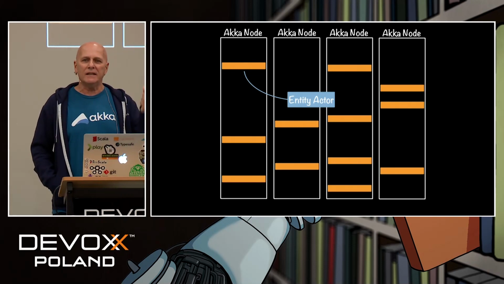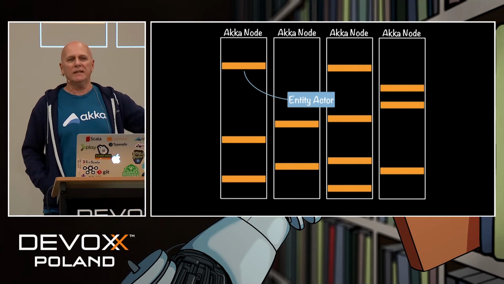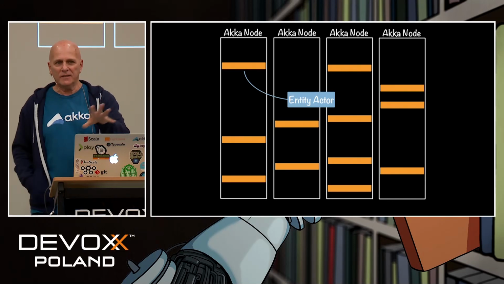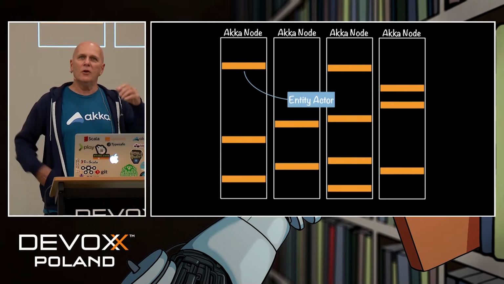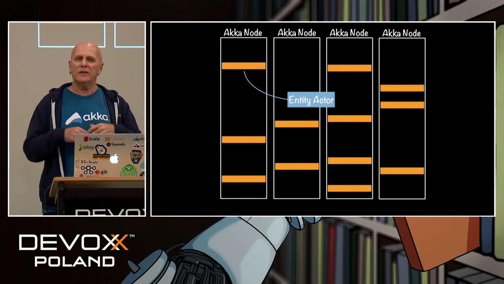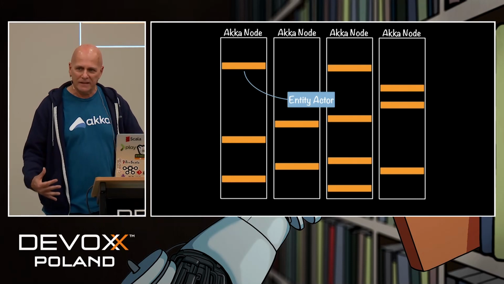Every entity that's currently getting commands has an actor representing that entity, and it's somewhere in the cluster. There's no complicated message routing to these actors. As a developer, we don't have to get involved in that. It's being taken care of for us by Akka itself.